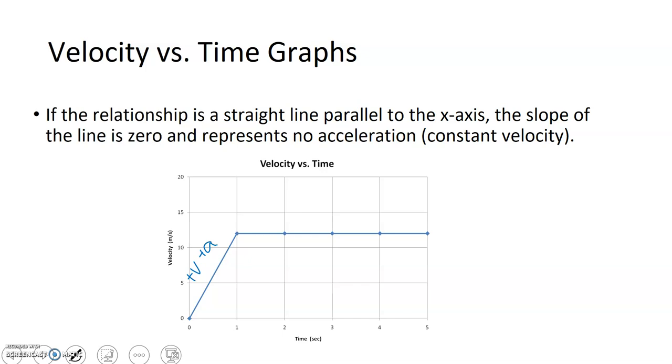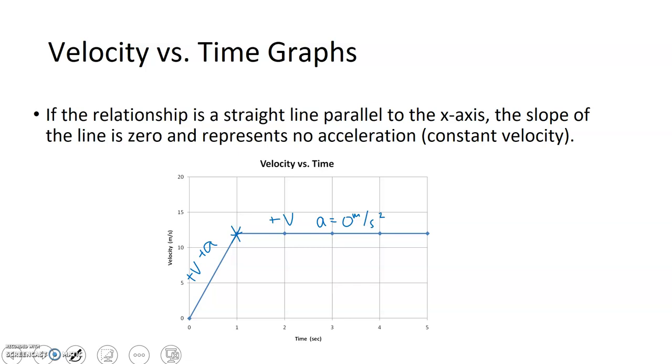So the object is speeding up in the positive direction from 0 to 1 seconds. And then at 1 second, we see a constant velocity of about 12 meters per second and 0 acceleration. So we have a constant positive velocity. The acceleration is equal to 0.